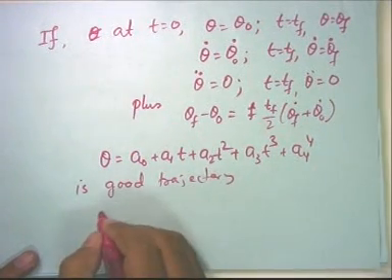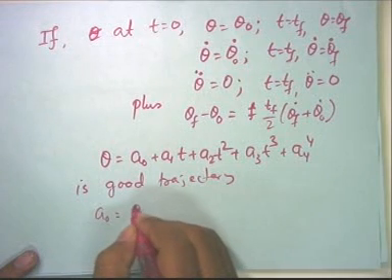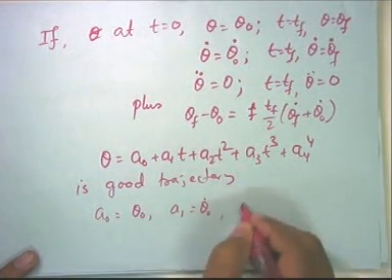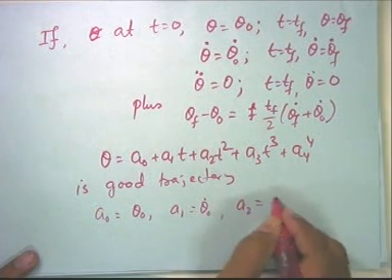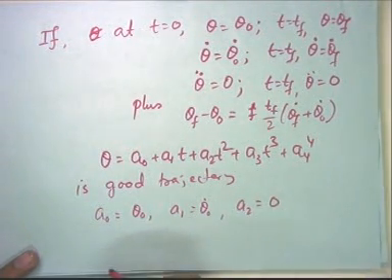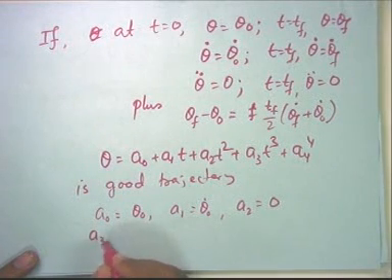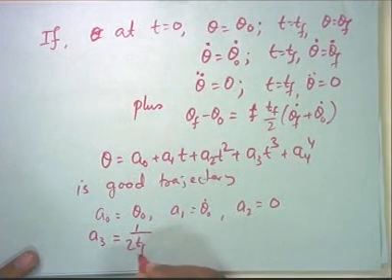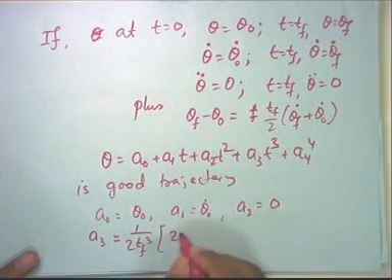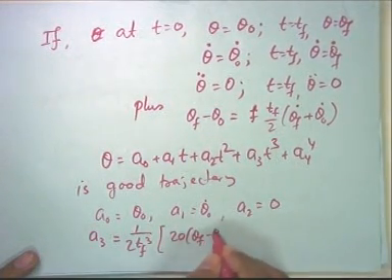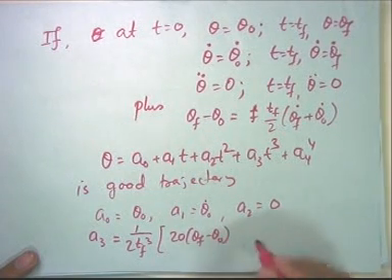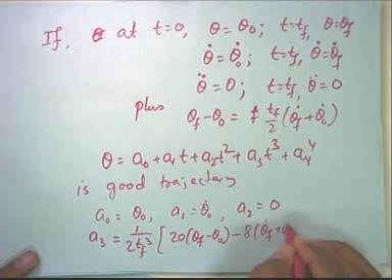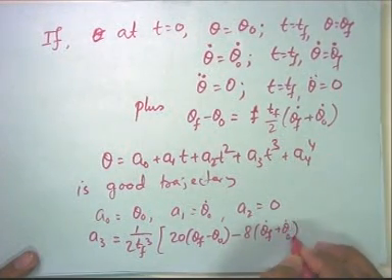In which case a 0 is again the same as what we have calculated, a 1 is theta 0 dot, a 2 is 0, then a 3 can be calculated accordingly, 1 over 2 T f cube times 20 theta f minus theta 0 minus 8 theta f dot plus theta 0 dot into T f.